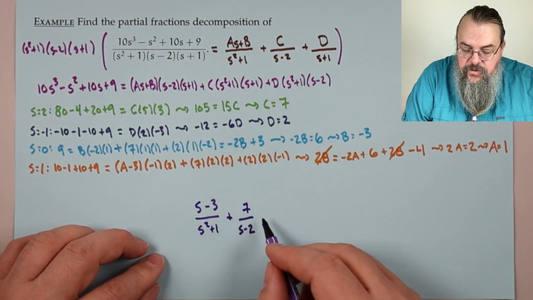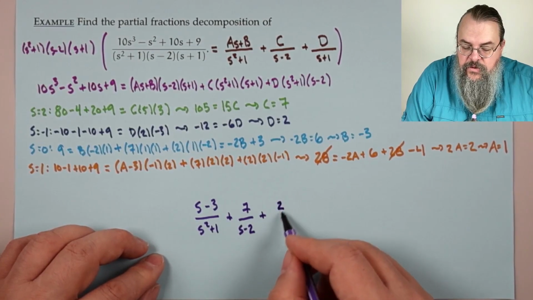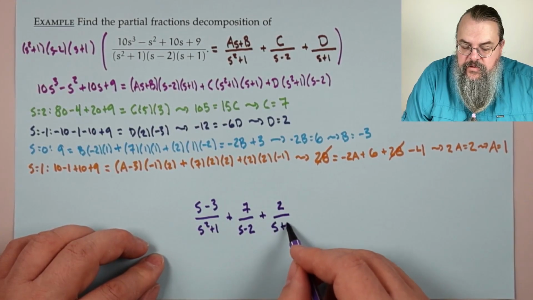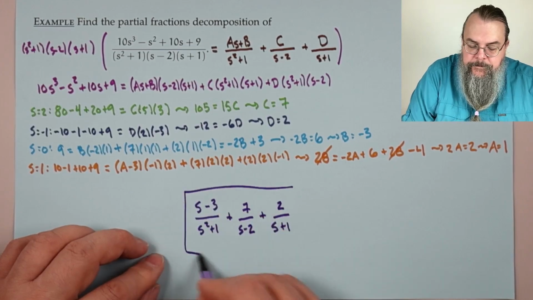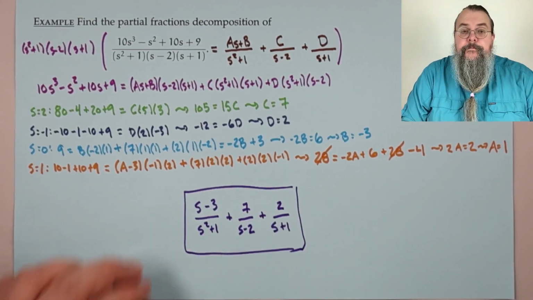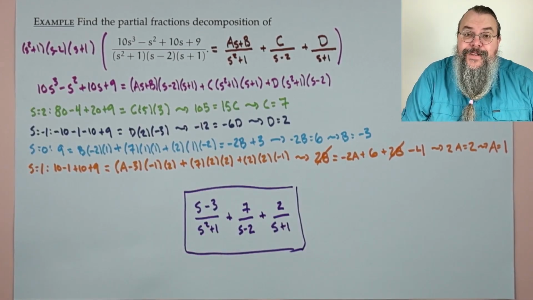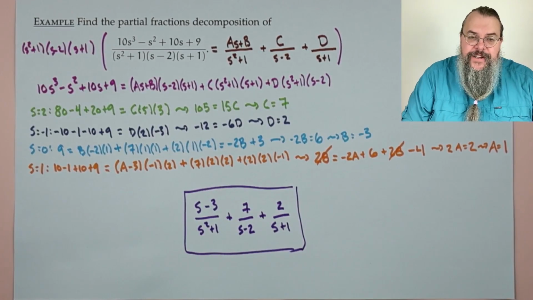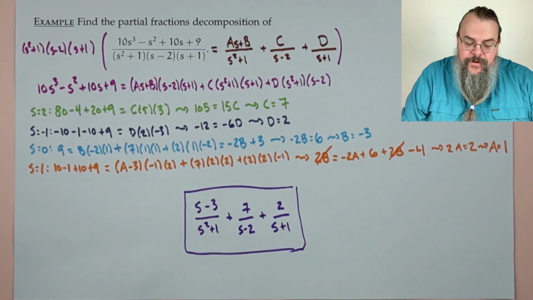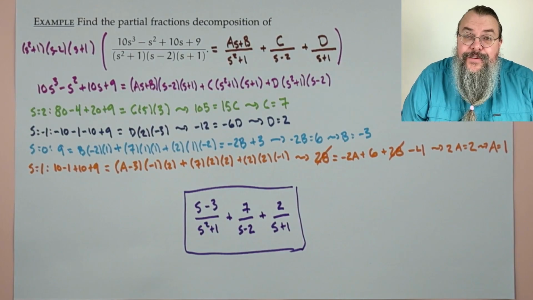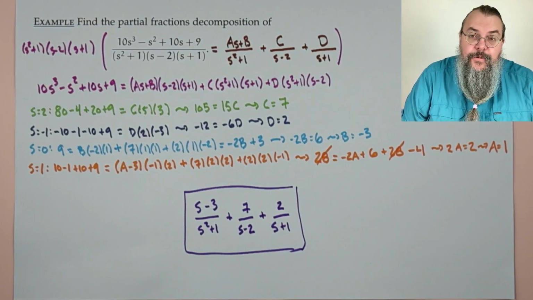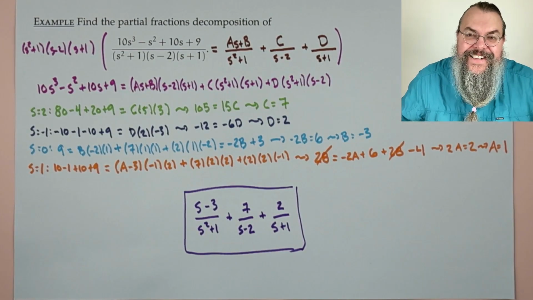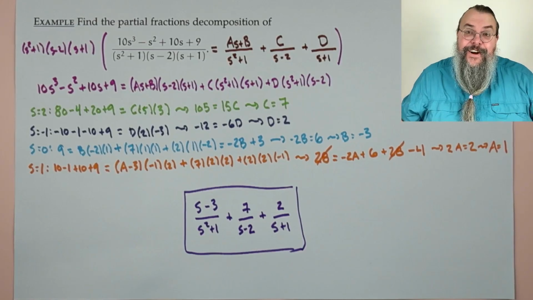And then D is 2, so plus 2 over S plus 1. And that's the answer. See? It's not so bad. It's not scary. It's just practice. Practice, practice, practice. So we're going to do some more practice. That's what's going to happen next. All right, let's keep going.